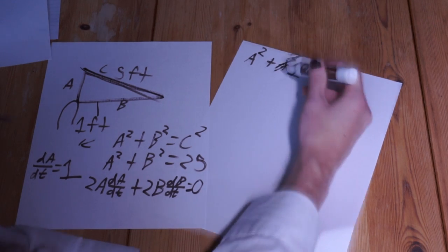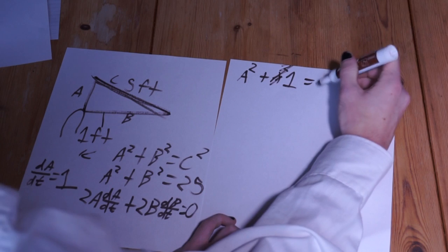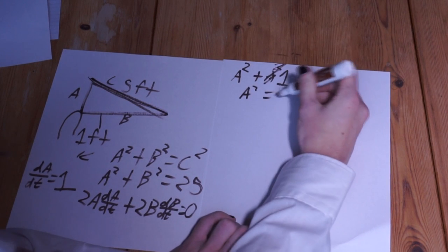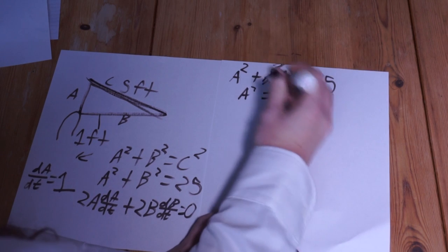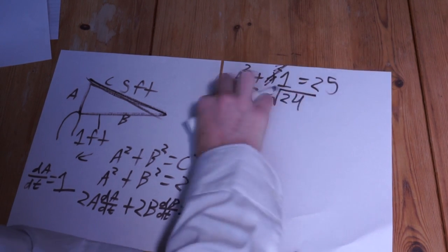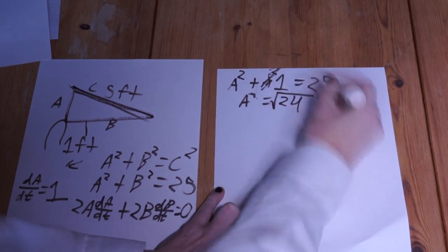A squared plus 1 equals, which we already know, 5 squared is 25. A squared equals 25 minus 1, which equals 24. And to get rid of this squared, we can take the square root on both sides, making A equal the square root of 24.